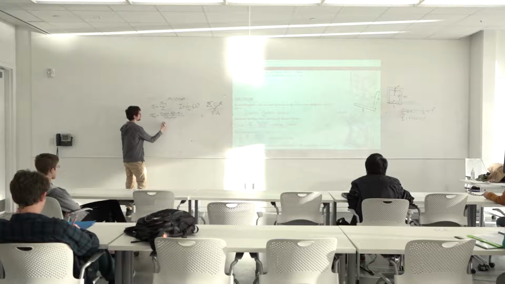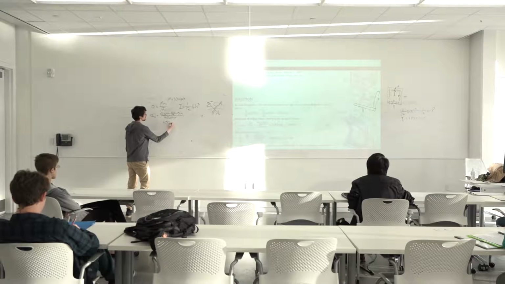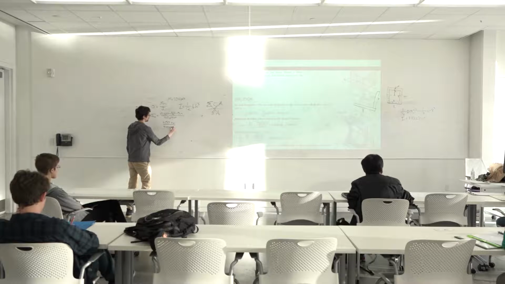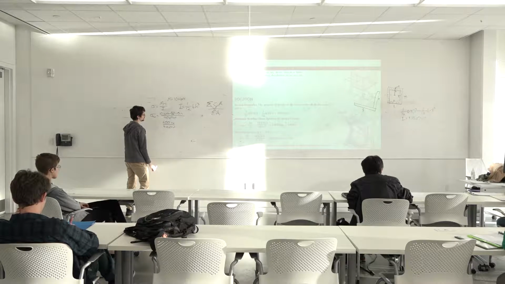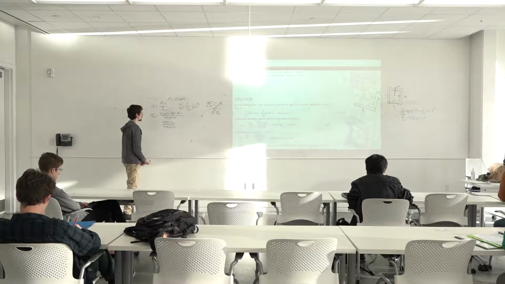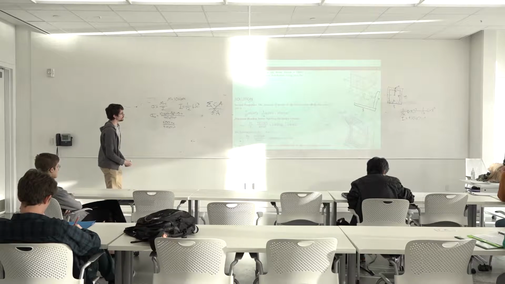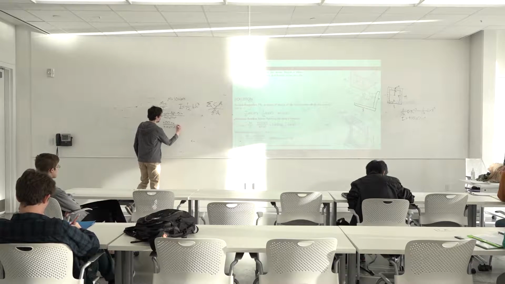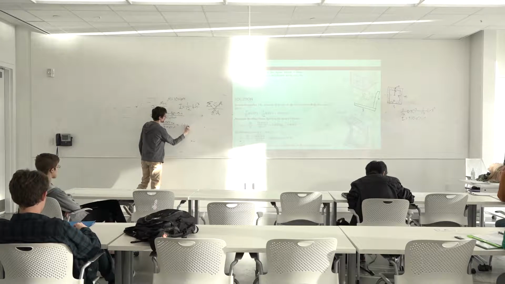Evaluate that out, that's 600 kips divided by 410.67 inches squared, which is 1.46 kip per square inch.